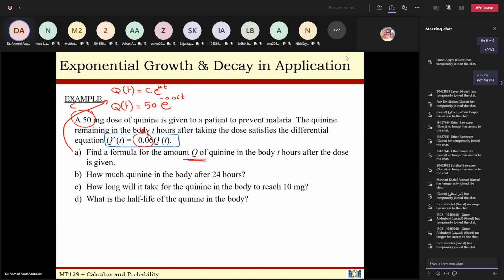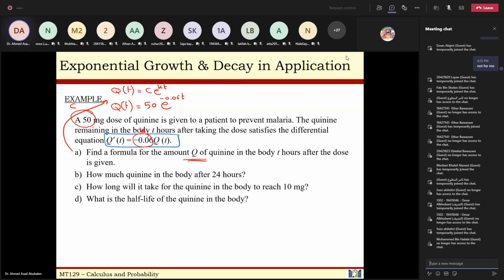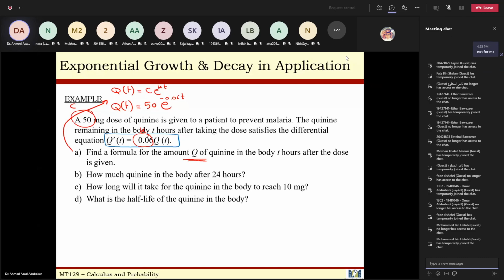Because the dose in the body must be decreasing after taking the dose, not increasing. It must be decay, not growth, so this is negative. This is the value of Q.